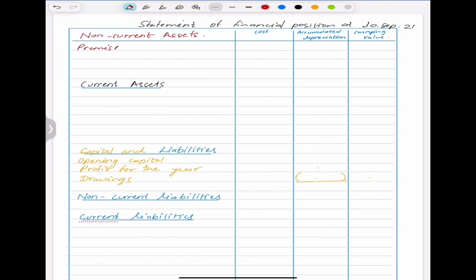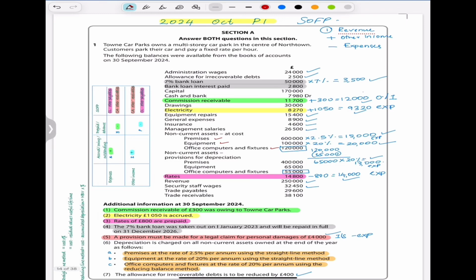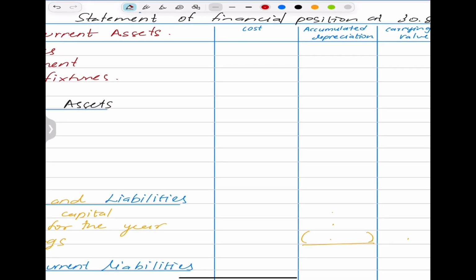Premises, equipment, office fixtures. And the cost: 600,000, 100,000, 120,000.